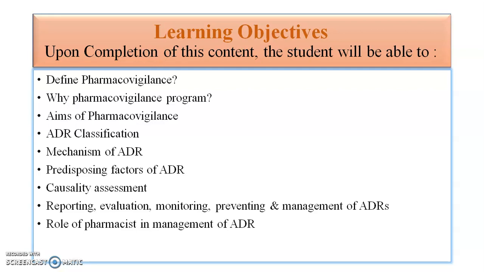At the end, we are going to know how to report, evaluate, monitor and prevent, as well as manage occurred adverse drug reactions, and finally the role of the pharmacist in the management of adverse drug reactions.